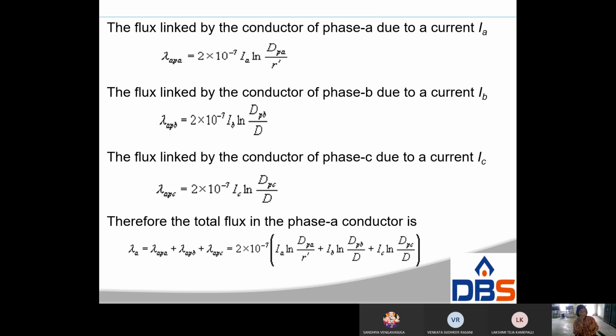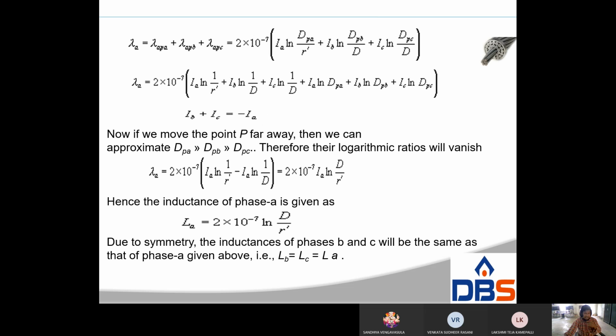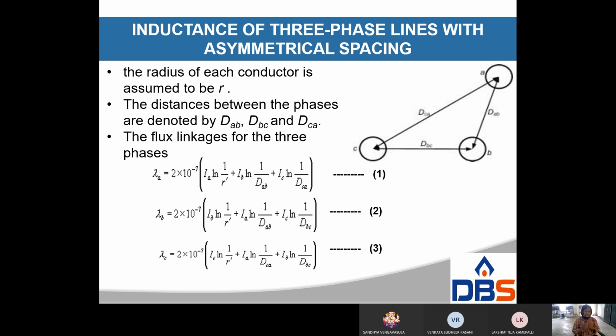For the inductance of A, IA cancelled: 2 into 10 power minus 7 ln d by r dash. Like that, you derive the inductance LA equal to 2 into 10 power minus 7 ln d by r dash. Now go for the asymmetrical spacing.